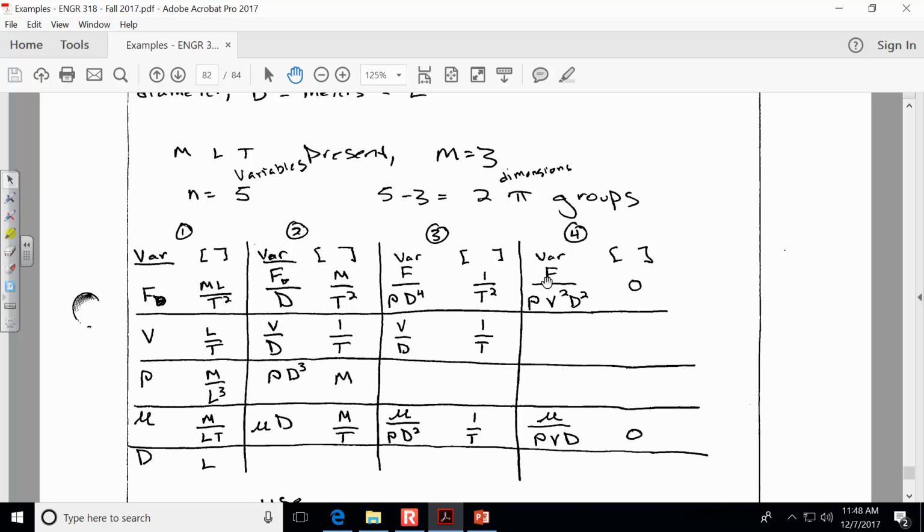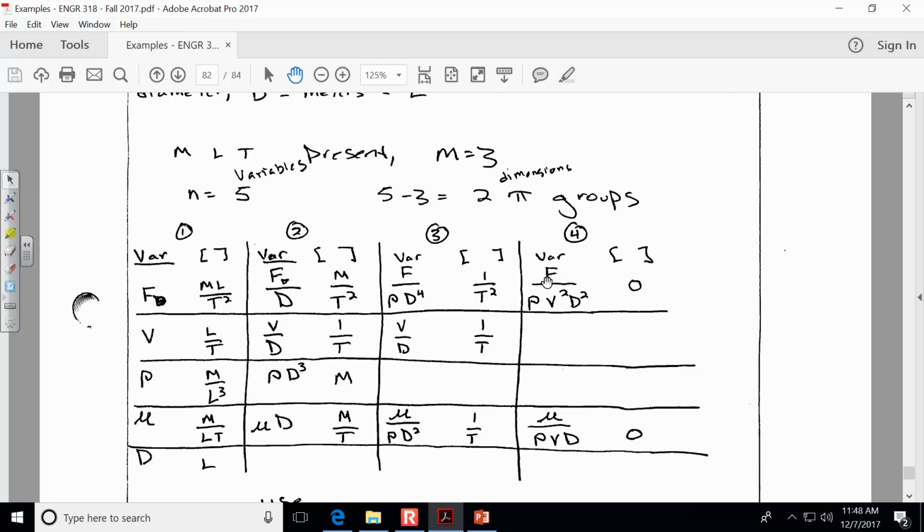Okay, so from 2 to 3, I'm going to use density times diameter cubed. All right, so specifically, what should I do? We've got the variables and the units. How does that relate to F divided by D?